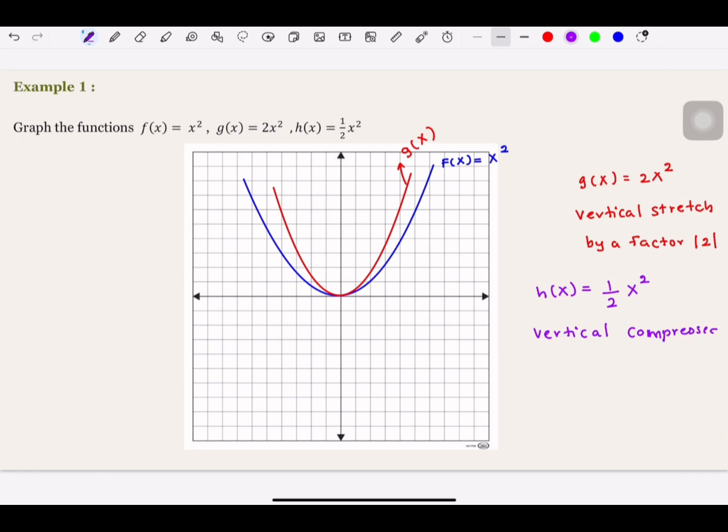This is vertically compressed by a factor of half. This causes the graph to become much wider. All the y values are scaled down by half, so they are pulled closer. Okay, let me sketch that. It's going to be something like this.